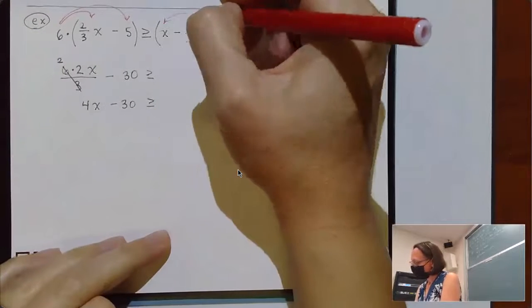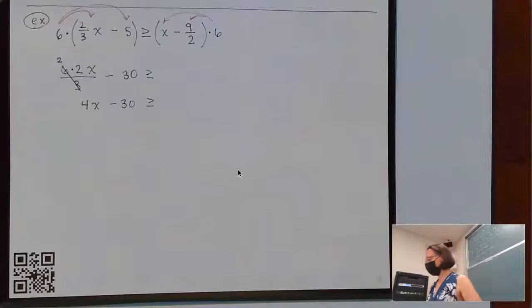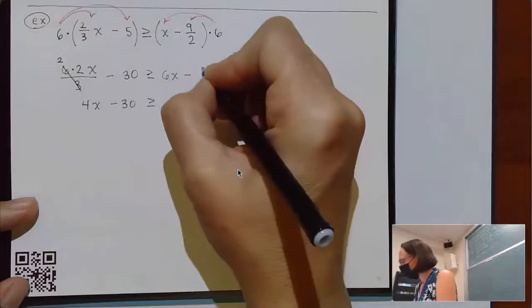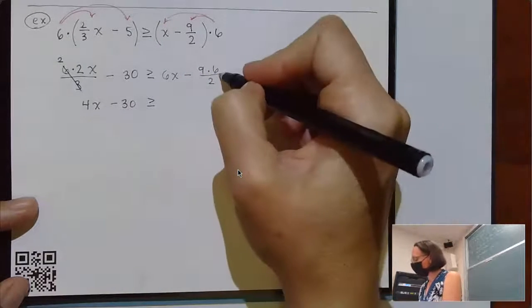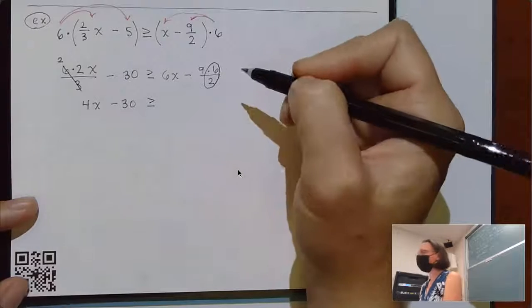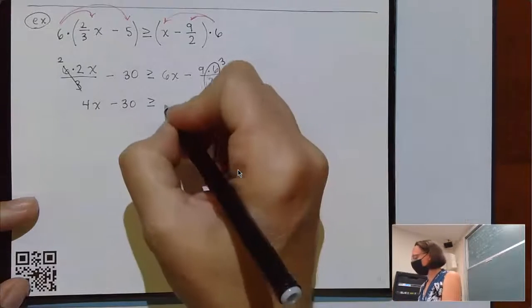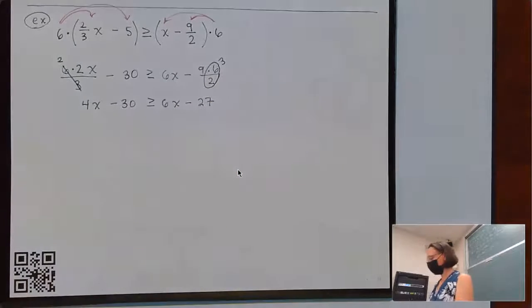Then I've got 6 times x and 6 times 9/2. So 6x minus 9 times 6 over 2. And that 6 over 2, 6 divided by 2 is equal to 3. So I'm looking at 6x minus 27.